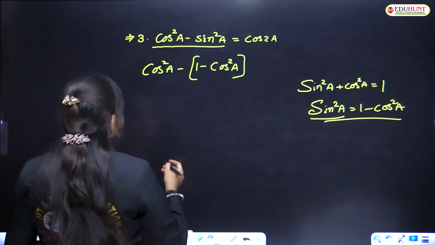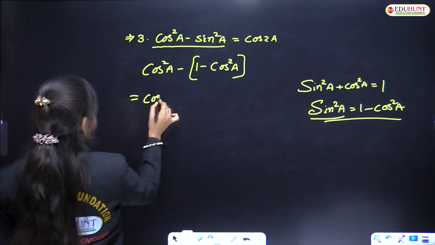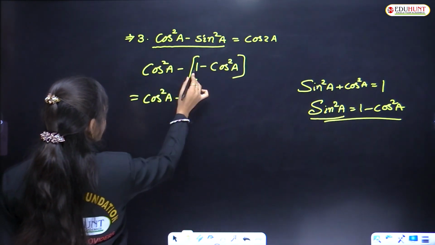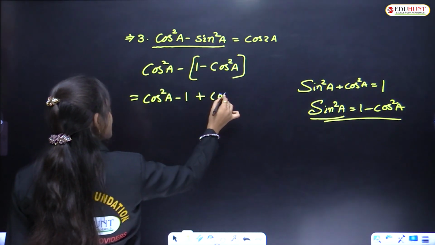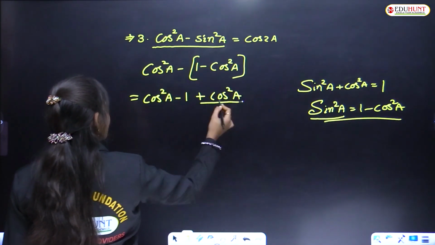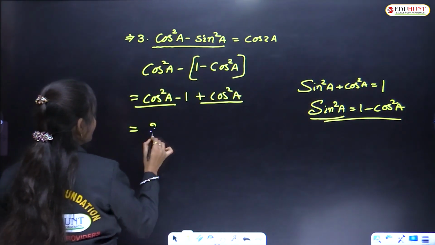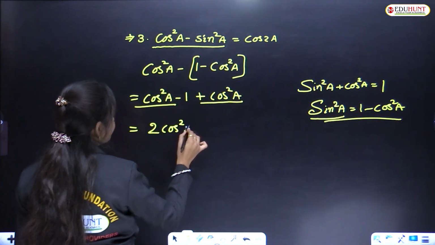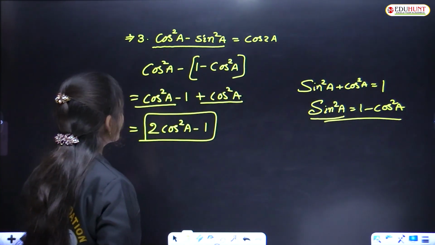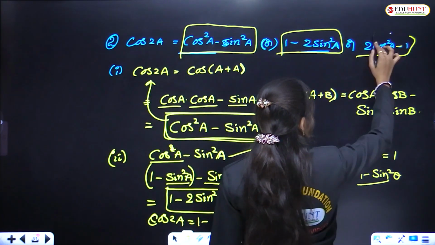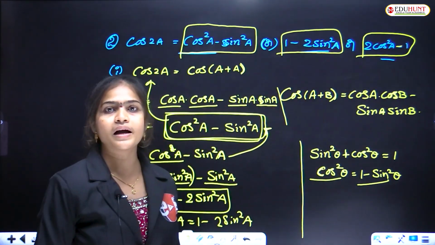Clear ma? So which is equals to cos square A minus into plus minus 1, minus into minus plus cos square A. So cos square A plus cos square A is equal to 2 cos square A minus 1. So this is the third formula, 2 cos square A minus 1.